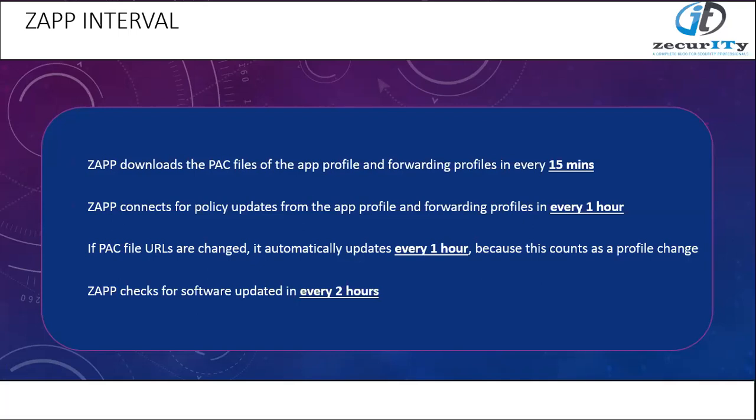If PAC file URLs are changed, it automatically updates every 1 hour because it counts as a profile change. So the URL change is nothing but a profile change, so it will take 1 hour. But PAC files will be downloaded every 15 minutes. So when you make changes on the PAC file, they will be reflected within 15 minutes. If you change the PAC file on the profiles, then it will take 1 hour to reflect on the end user machines.